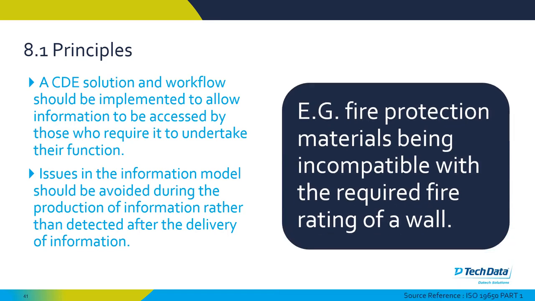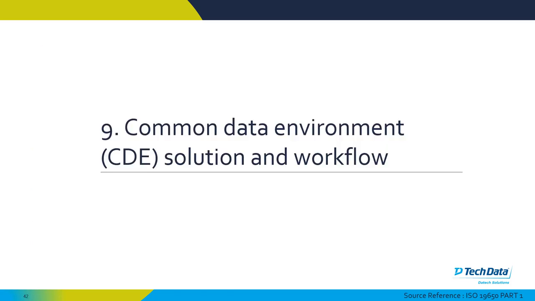And then, for example, fire protection materials being incompatible with the required fire rating of a wall, checking this stuff in-house allows that fault or that error not to make it to site, and then you're not going to have a compliance issue and have to remove or rebuild a wall for whatever reason.